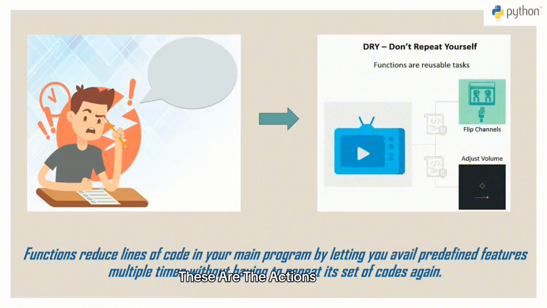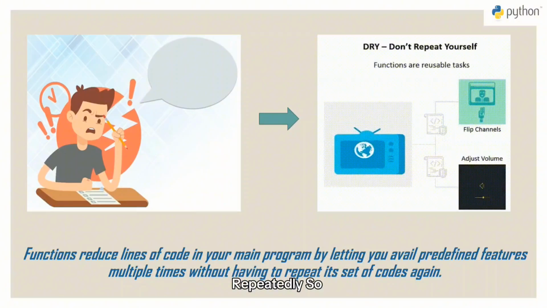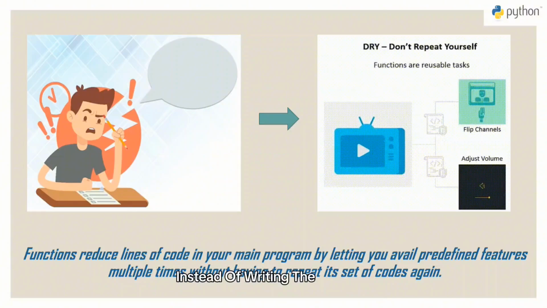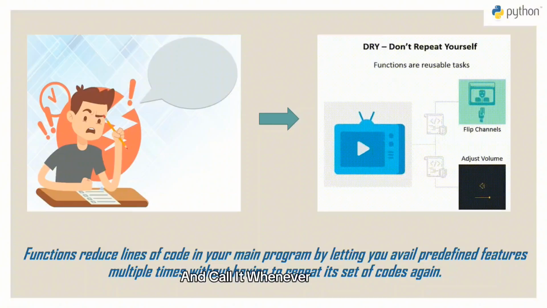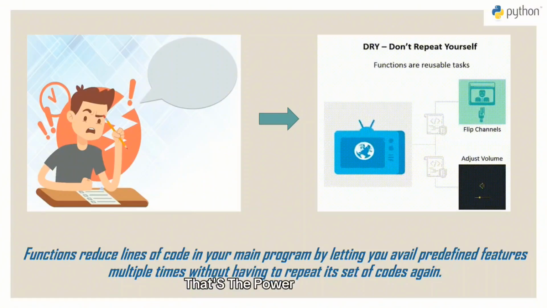These are the actions that the TV can perform repeatedly. So instead of writing the code for flipping channel and adjusting volume every time the user presses a button, we write that logic once in a function and call it whenever we need to. That's the power of function.